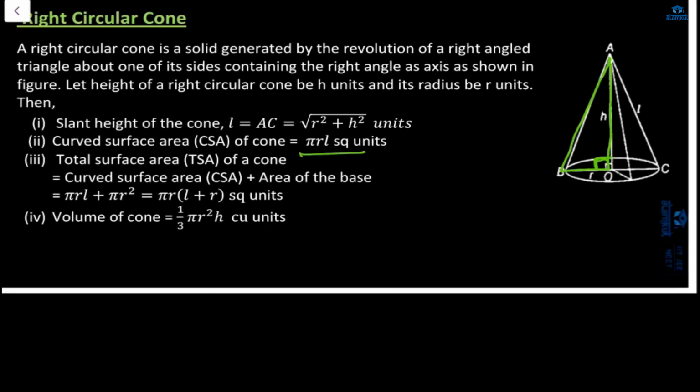The area of the base is a circle, so it will be pi r square. So pi r L plus pi r square. Obviously you take pi r as common, so pi r times L plus r. Similarly, volume of the cone is 1 by 3 pi r square h.